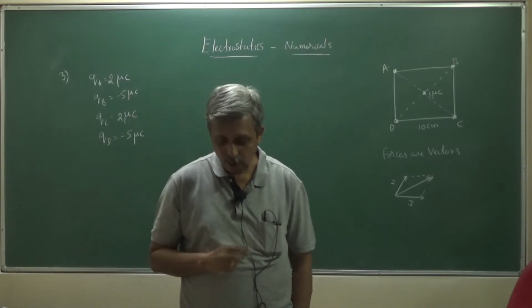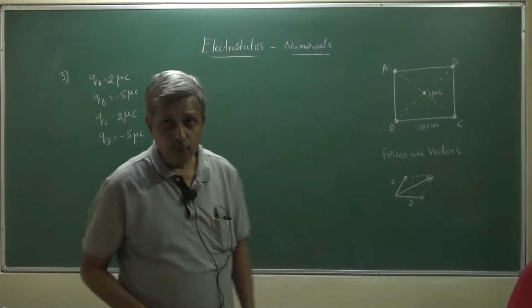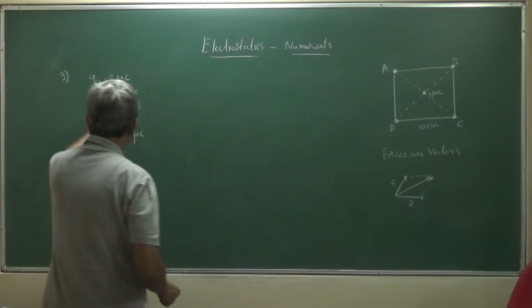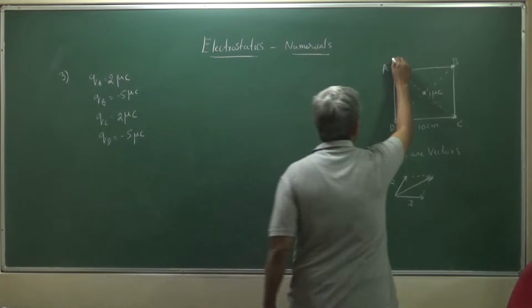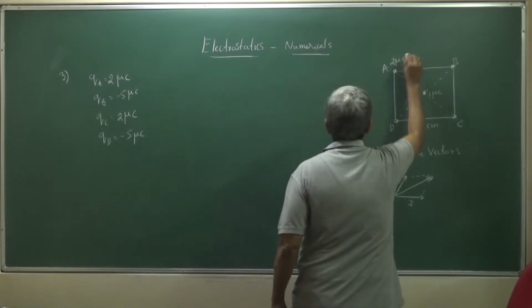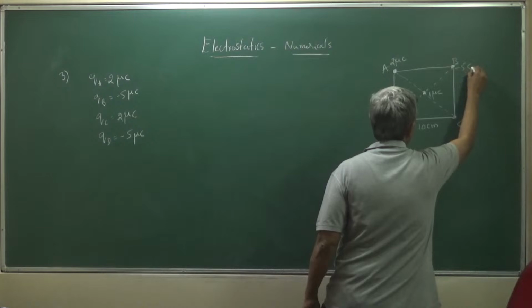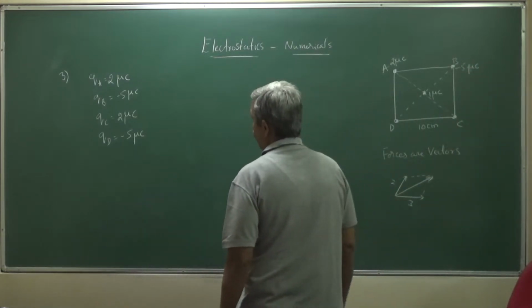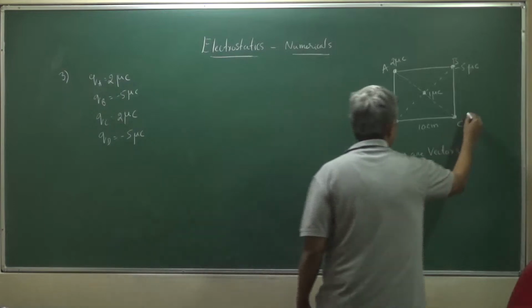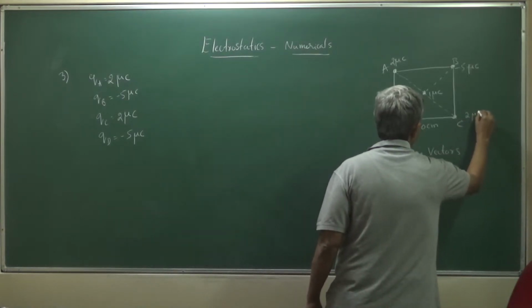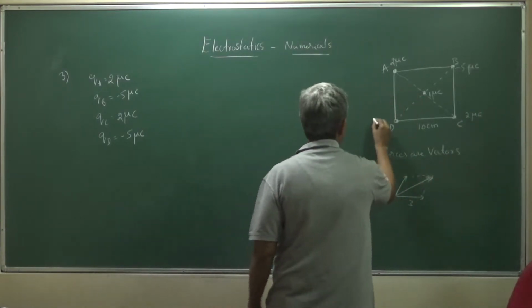Okay. They have said that QA is 2 microcoulombs. That means 2 microcoulombs is kept here, and QB is minus 5 here. 2 microcoulombs is kept here again, and minus 5 is kept again.